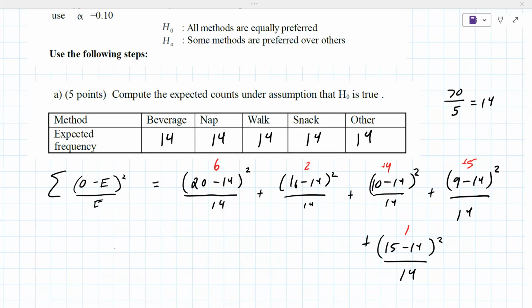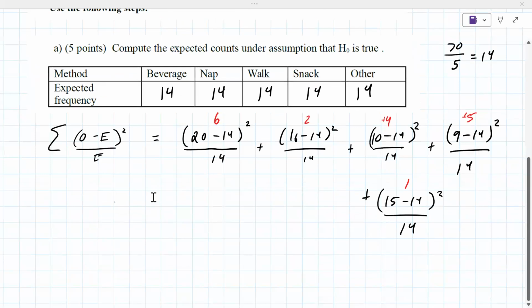I'll go grab it real quick. Okay. So I will calculate this.